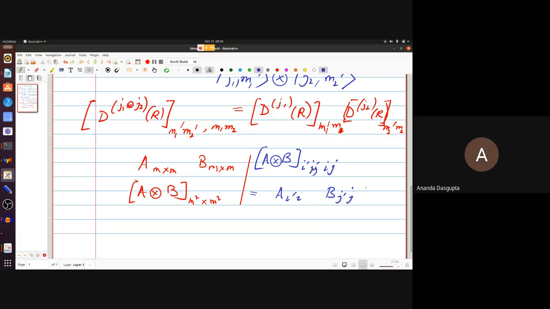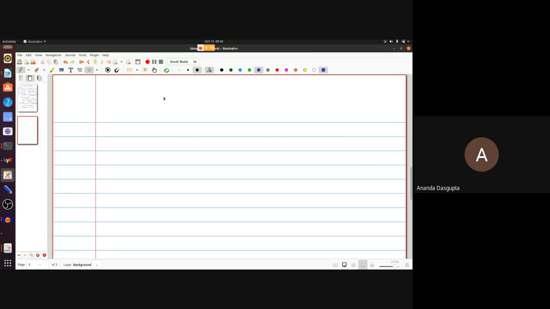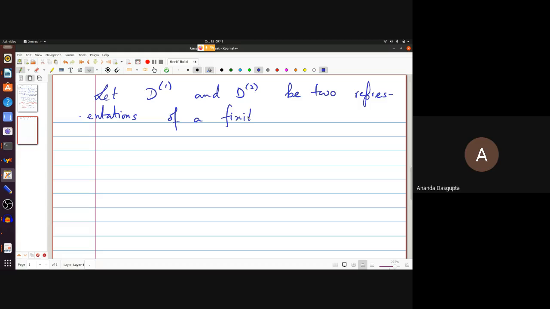But the important thing in context of group theory is this. Just like we talked about rotation group representations, for an arbitrary group, say, if D1 and D2 be two representations, and although rotation is not a finite group, I'm going to talk about finite groups only for the time being.